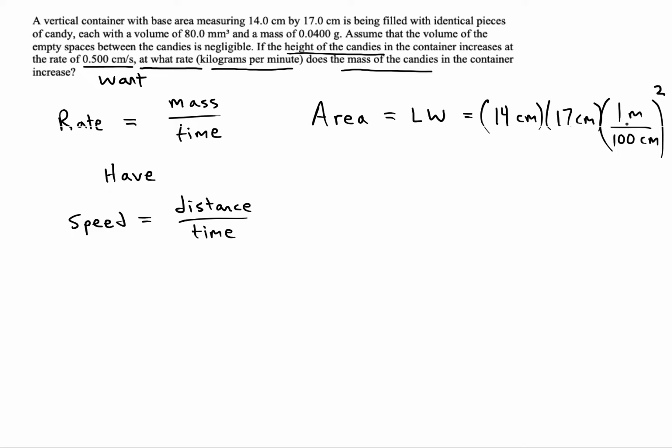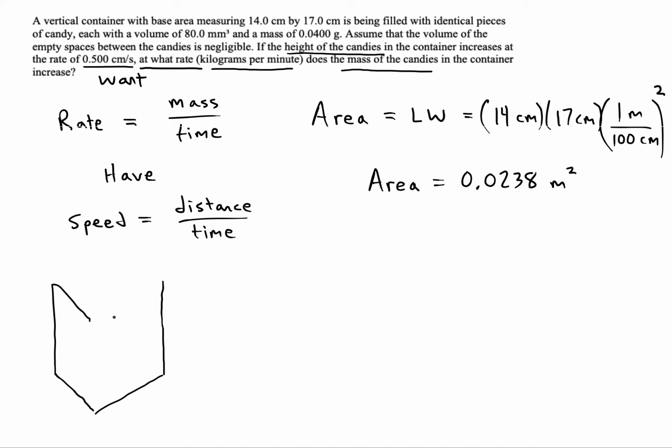Alright, so let's draw it. That's what I like to do. Let's see if we can draw what's happening. Alright, so you have this base of area 0.0238 meters squared.